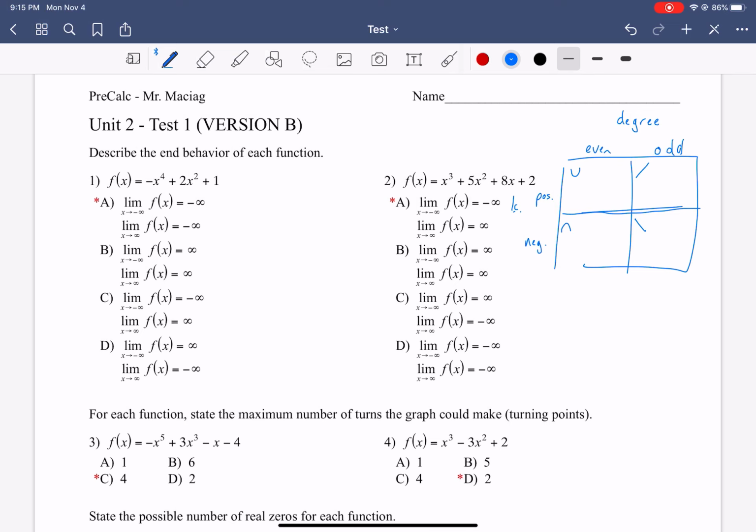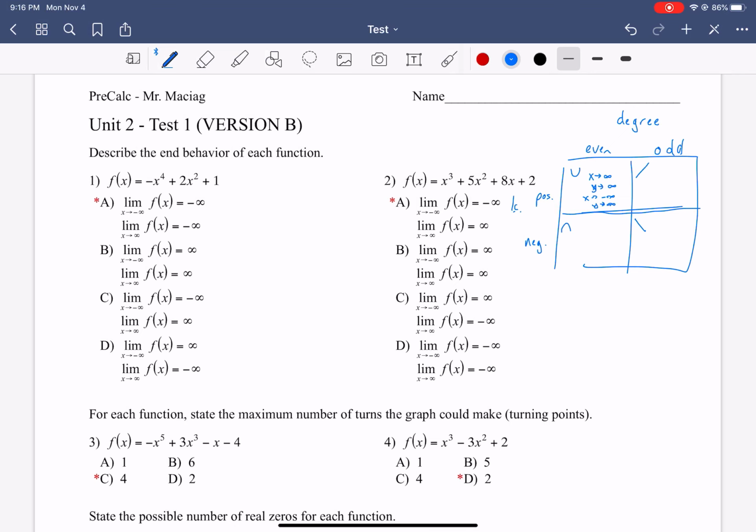So when we look at this, if it's an even degree polynomial with a positive leading coefficient, as x goes to infinity, y is going to go to infinity as well. As x goes to negative infinity, y is going to go to infinity.